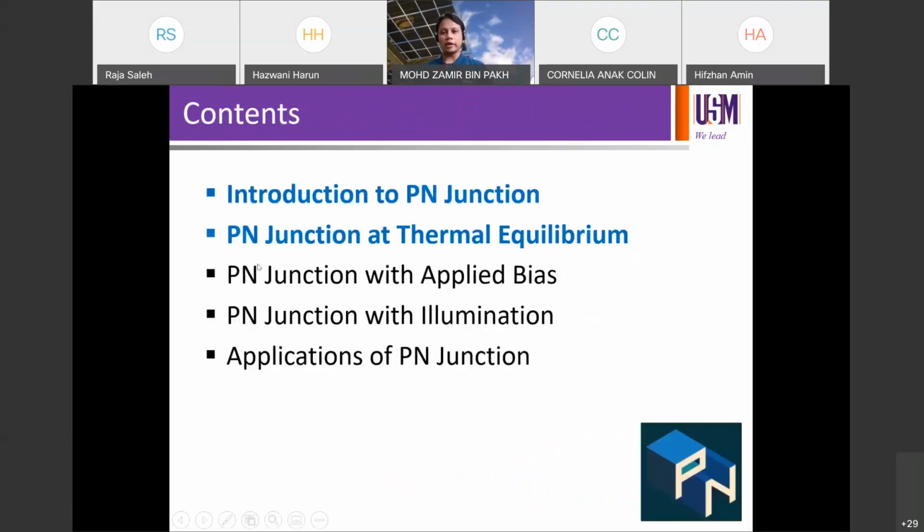So now let's move on to our new topic, which is on PN junction, right? So PN junction is the transition topic that you have to understand before we move on to devices, right? So we've learned about materials, the physics side of the semiconductor material, and now we're looking at forming a junction.